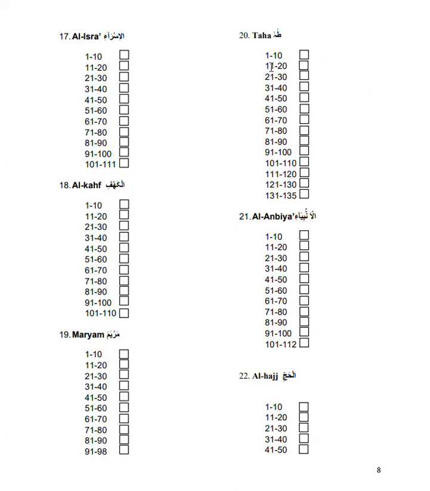So for example, you start at Taha from 1 to 10, and when you finish it, you shade the box. Then you continue from 11 to 20 and shade the box. Then it's best that you review from the top again, from 1 to 10, then go back to 11 to 20, and then go to the new step, 21 to 30, and shade the box.